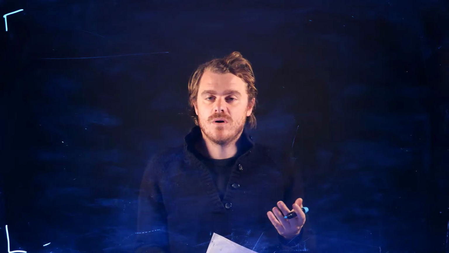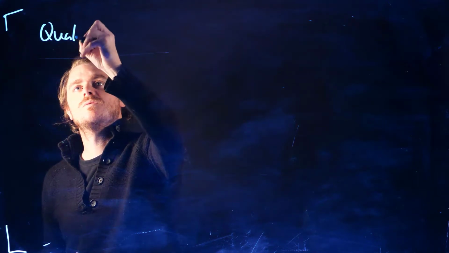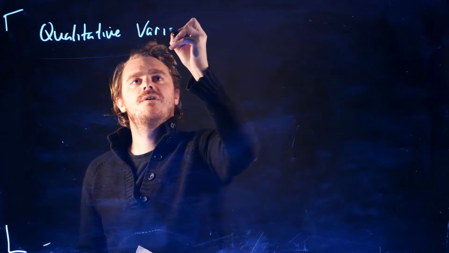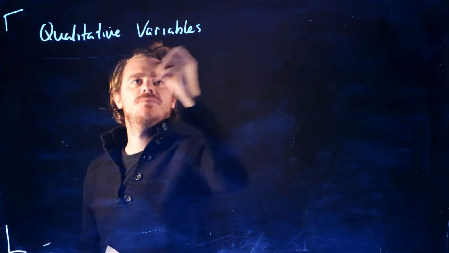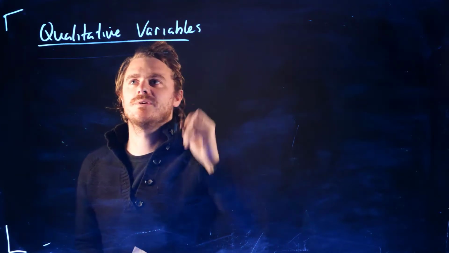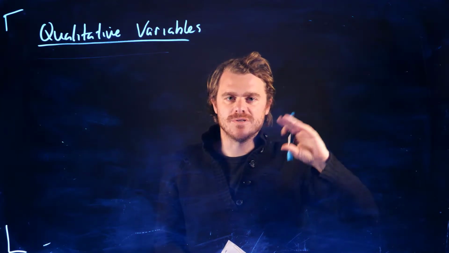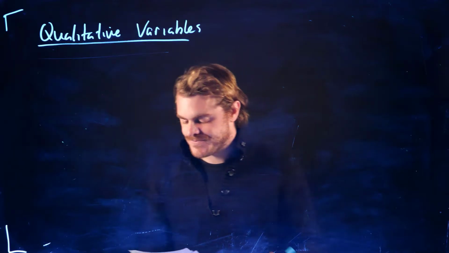So in this module, we're going to cover multiple regression with qualitative information, or with qualitative variables. Oftentimes we call these qualitative variables dummy variables or binary variables because they take 0, 1s.